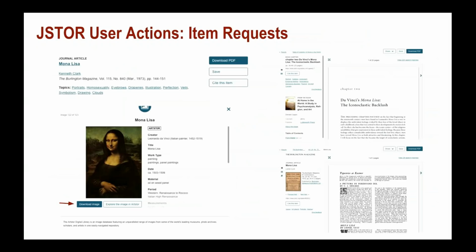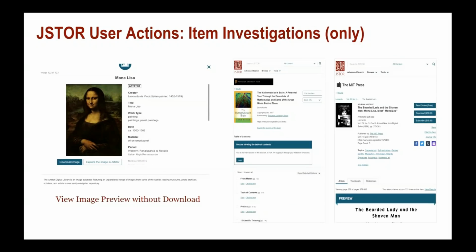We have a few scenarios on JSTOR where you've got actions that only record an item investigation and do not record an item request. So the Mona Lisa modal that I showed earlier is an example of that.